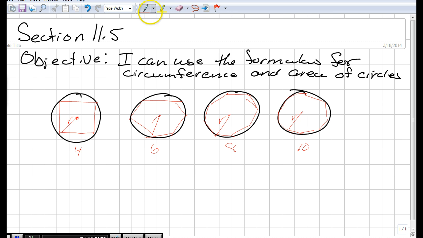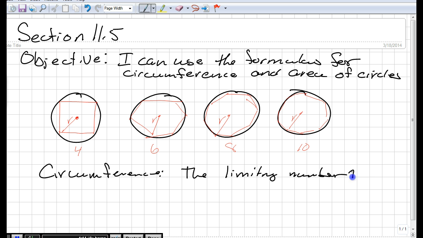And so the circumference of a circle is defined as the limiting number that gives the perimeter.